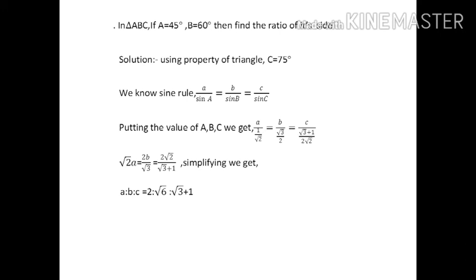So sine 75 will be sine of 30 plus 45. Here use sine of A plus B. So using this, sine 75 is root 3 plus 1 upon 2 root 2. After simplifying, here we get root 2 a is equal to 2b upon root 3 is equal to 2 root 2 c upon root 3 plus 1. Therefore the ratio is equal to 2 : root 6 : root 3 plus 1.